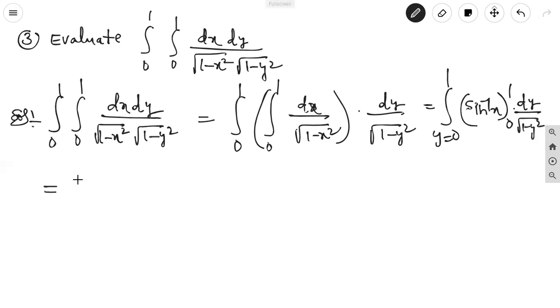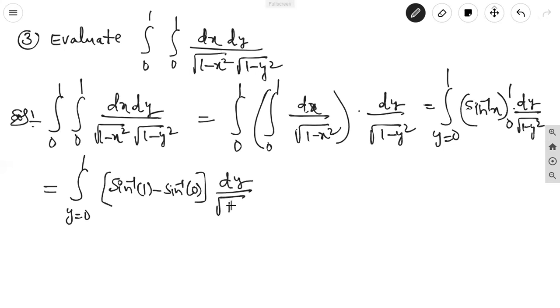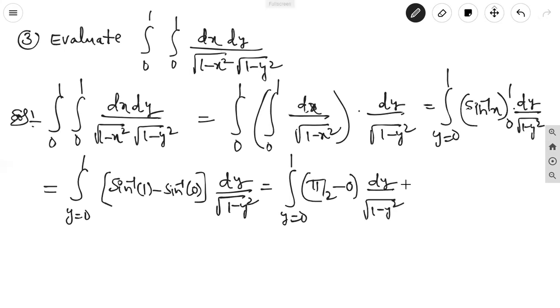It is equal to integral y equal to 0 to 1, sine inverse 1 minus sine inverse of 0, into dy by under root of 1 minus y square. Sine inverse 1 is pi by 2, sine inverse 0 is 0.